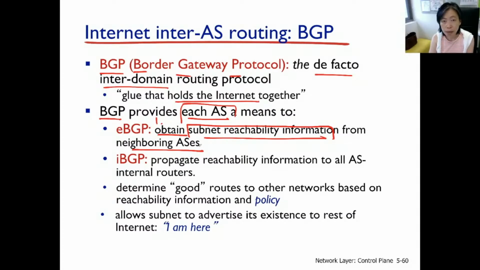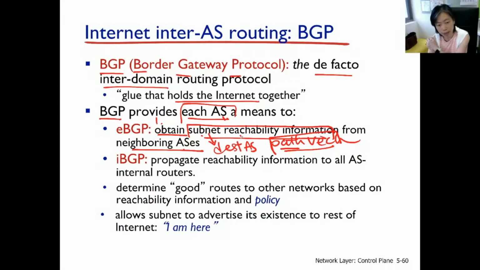This is very similar to distance vector, where a router receives distance vectors from the neighboring routers. So the gateway routers in the AS receive path vectors from the neighboring AS's gateway routers. By subnet reachability information, we mean the path for each destination subnet for each destination AS. And there are many of these destination ASs, therefore we receive the path vectors from the gateway routers of the neighboring ASs.